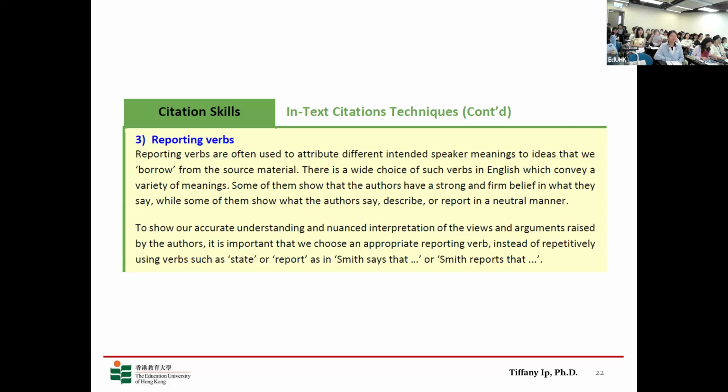So let's see, very quickly, can you talk to your classmates about as many as you can come up with? Okay? Try not to cheat by looking at the handout or something. You can use the ones that I've already mentioned, like state or point out. These are reporting verbs. But I want to test you, how many reporting verbs are already in your brain? Okay? Just now, talk to your classmates.